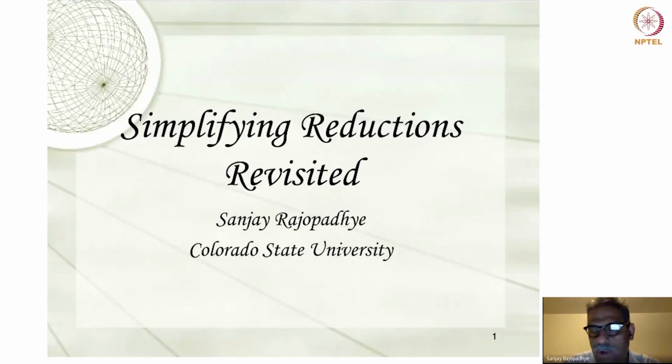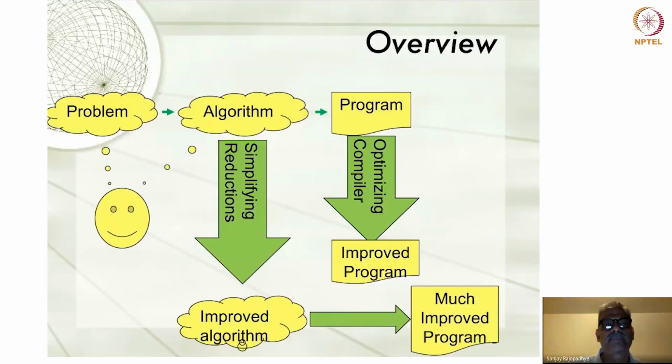So here is what simplifying reductions does. Normally, when you are working on a compiler, the human has a problem to solve. They come up with an algorithm to solve the problem. Then they write a program, and an optimizing compiler improves the program.